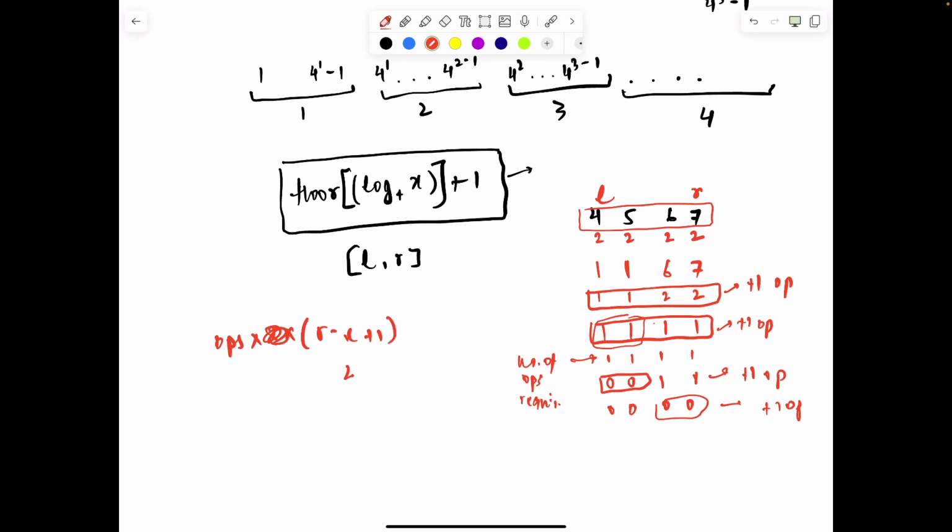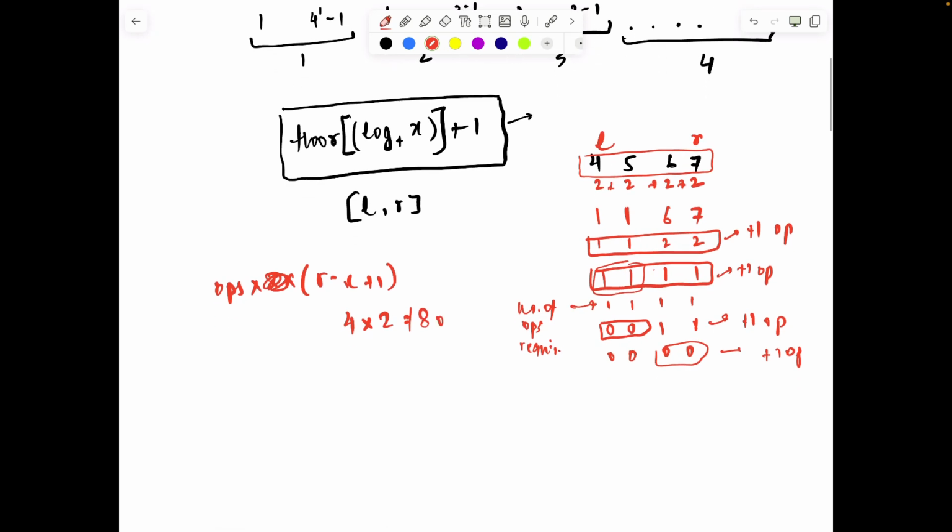So this would be 4 into 2, 8 operations. So total, it's basically 2 plus 2 plus 2 plus 2 operations if we were only allowed to reduce one number. So that would require 8 operations.